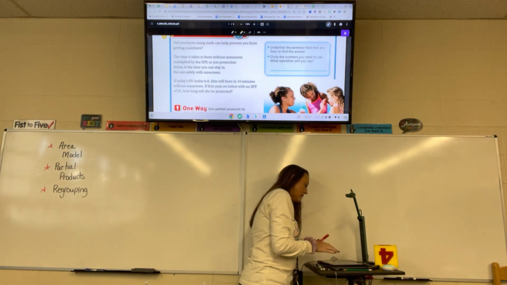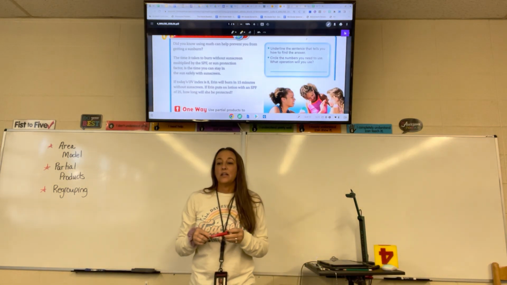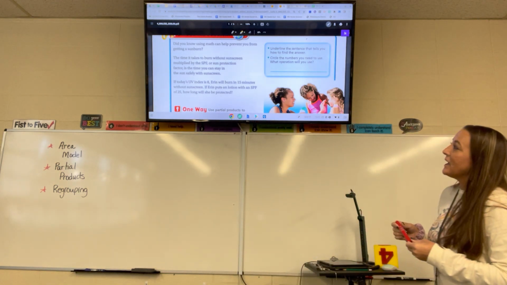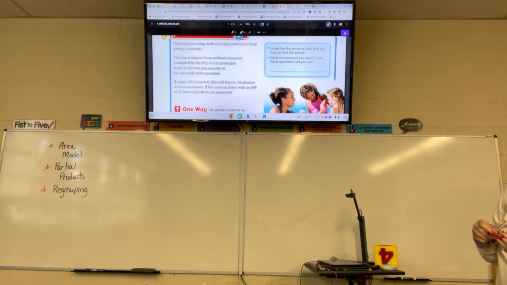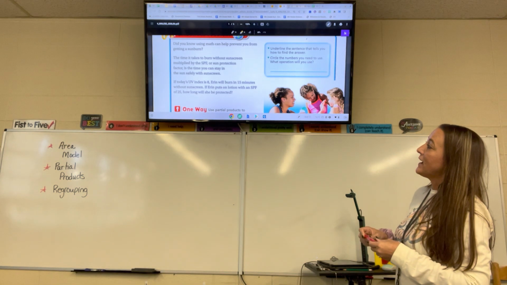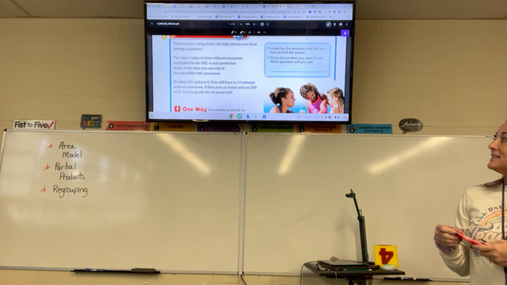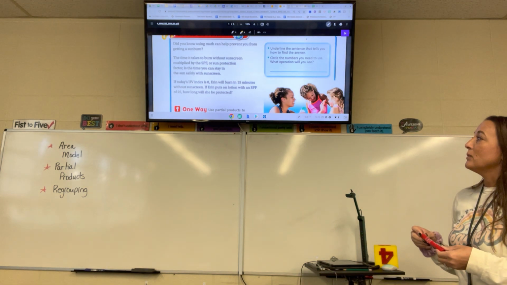This says, did you know math can help prevent you from getting a sunburn? It says the time it takes to burn without sunscreen multiplied by the SPF, or sun protection factor, is the time you can stay in the sun safely without sunscreen.